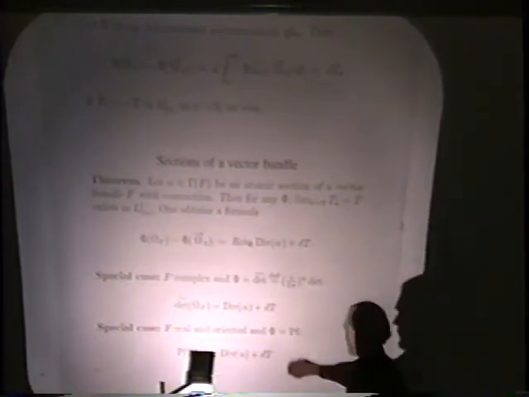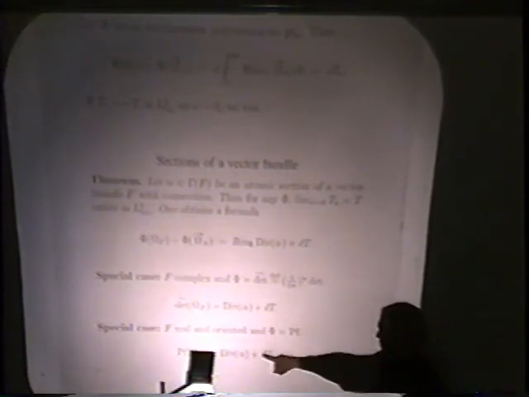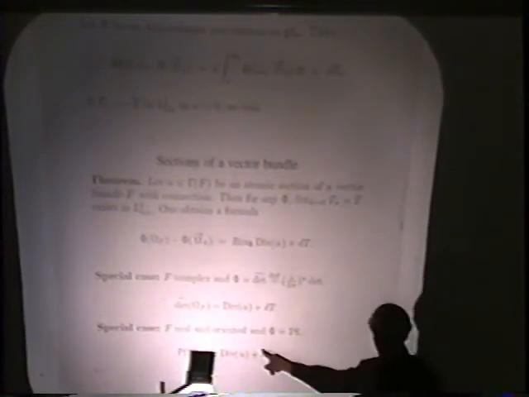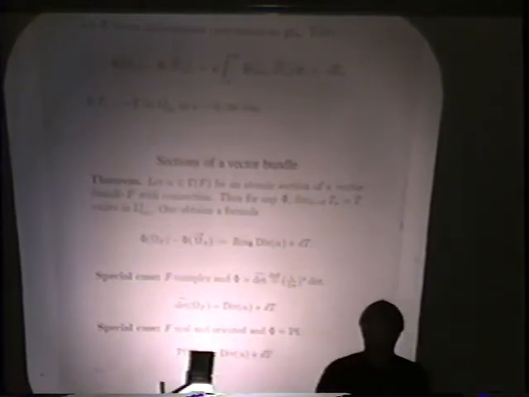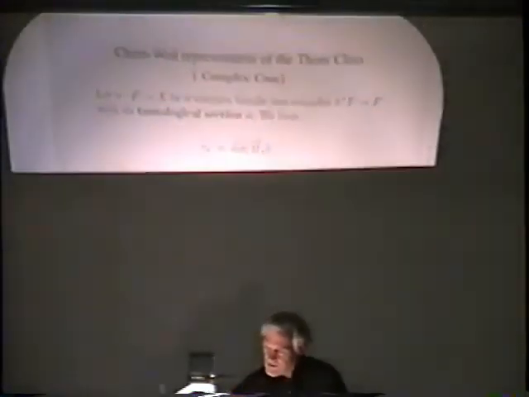But here it works in the real context as well. I mean, if you have a real oriented bundle, you can take the Pfaffian or the normalized Pfaffian, and you get a similar formula. So to convince you that this is nice, let me show you what happens just in the simplest case.